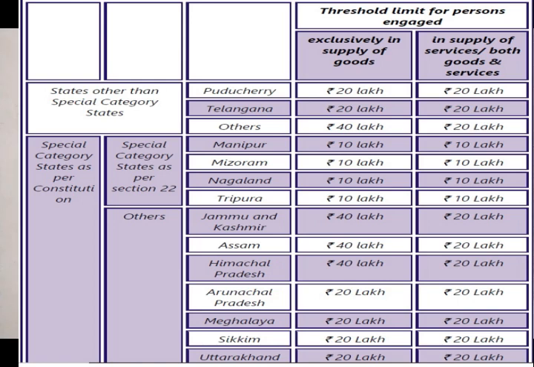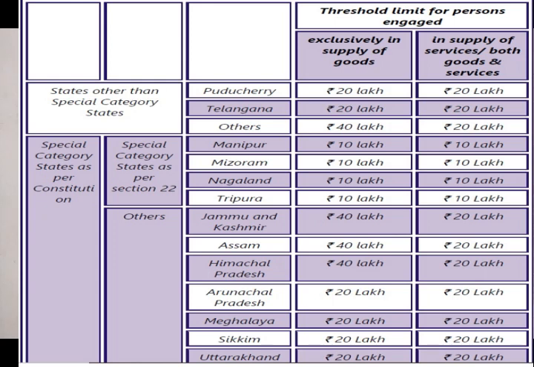With respect to the 4 special category states, that is Manipur, Mizoram, Nagaland and Tripura, you can see it is 10 lakhs, whether it is goods or goods and services. The next part of the table is Jammu and Kashmir, Assam, Himachal Pradesh, Arunachal Pradesh, Meghalaya, Sikkim and Uttarakhand. For Jammu and Kashmir, Assam and Himachal Pradesh, it is 40 lakhs for goods, and with goods and services it is again 20 lakhs.